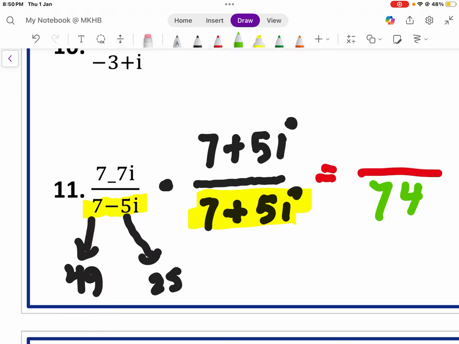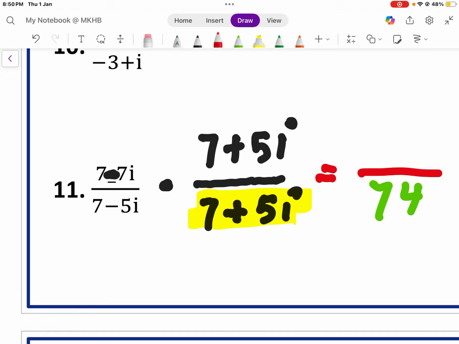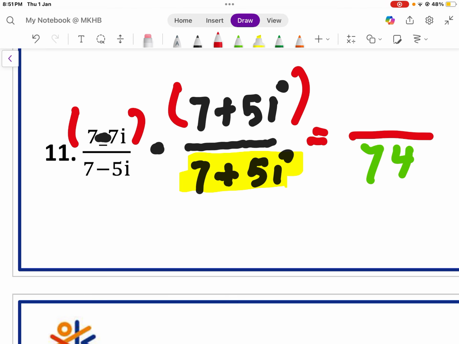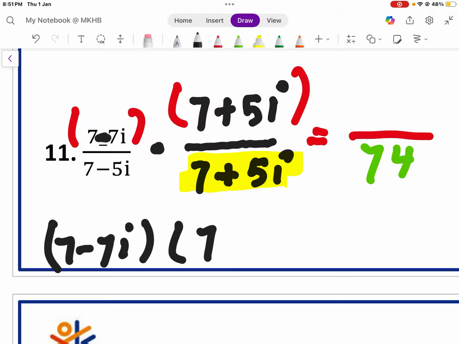Now, up. It is a normal multiplication of two complex numbers. No special case. Now let us take it beside. I say to my student, take it beside and do it like this. 7 minus 7i multiplied by 7 plus 5i.